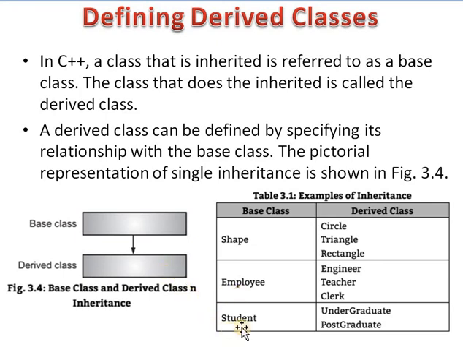Again, there is another example: student is the base class and the derived classes are undergraduate and postgraduate. That means by using the student class we can derive two different classes, or the student class is categorized into undergraduate and postgraduate. These are some examples of inheritance.